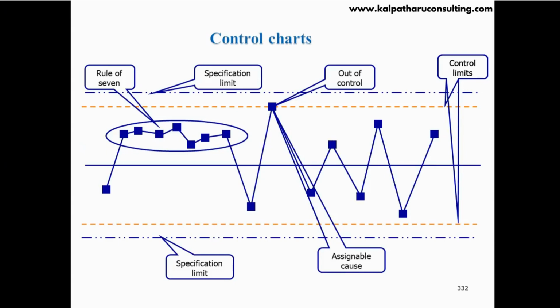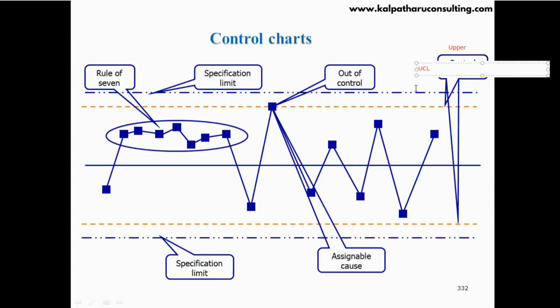So the internal limit, that is, within your organization, the limits you fix, are called control limits. The upper orange line presented here is called the upper control limit, which we can call UCL.